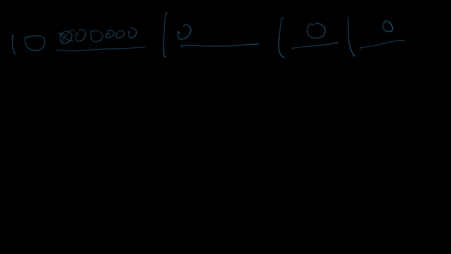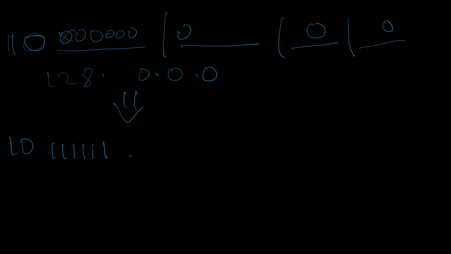So the range will be from 128.0.0.0 until, 1 0 is fixed for class B. And if you consider all these 6 bits as 1, so 1 0 1 2 3 4 5 6 dot, and all the other octets are also 1.